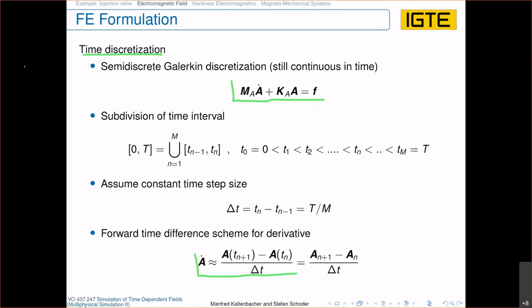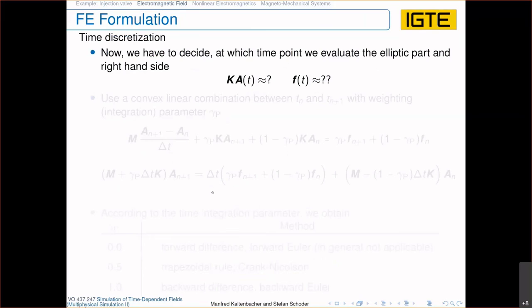Now let's go into some details, because what we don't know is how we should take the magnetic vector potential itself. We just have defined now an approximation for the time derivative, but at which time we should evaluate the magnetic vector potential multiplied by our stiffness matrix, and at which time we should evaluate the right hand side.